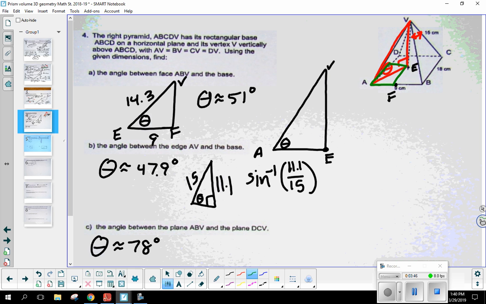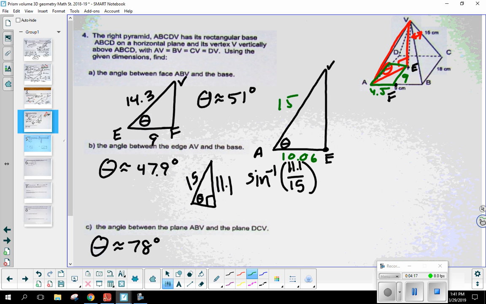I know this front edge is 9, so this is 4.5. And this other edge would have to be 9 because that's half of the other edge. Then I used that to figure out AE, and I got 10.06, and I already had the slant edge as 15. I ended up using cosine. But see, already two different ways to get the same answer. Perfect.